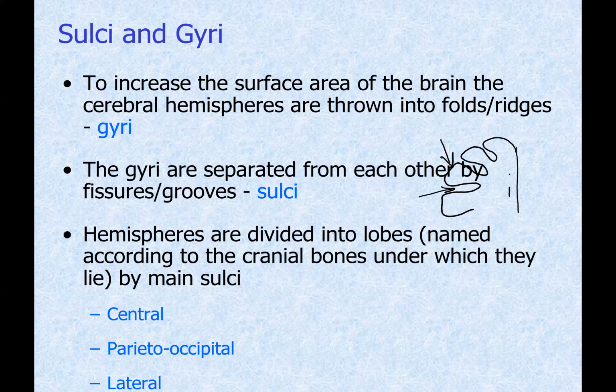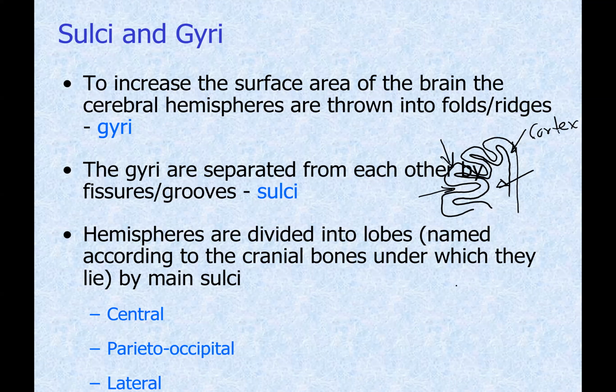So the outer part of the brain is called the cortex. This is the cortex, which is formed by cell bodies. Then hemispheres are divided into lobes.